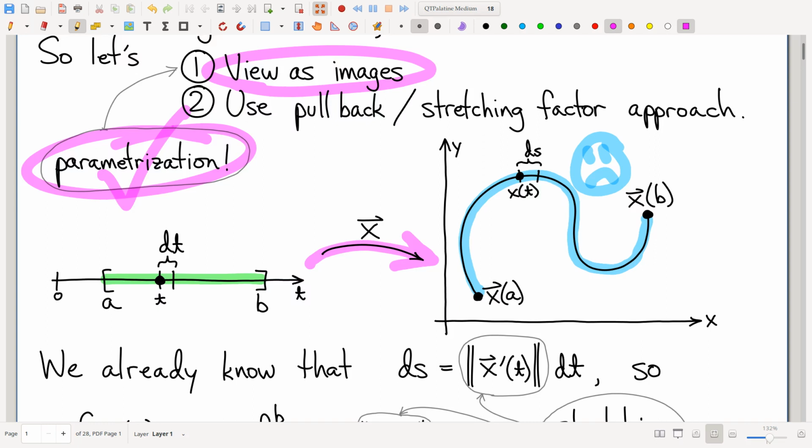This undesirable domain then is an image, and then I do a pullback. Details to follow in a moment. This undesirable integral on an undesirable domain, I will pull back through the parameterization to result in a single variable integral on an interval on the t-axis, Calc 1, plug and chug, that y'all are all experts at.